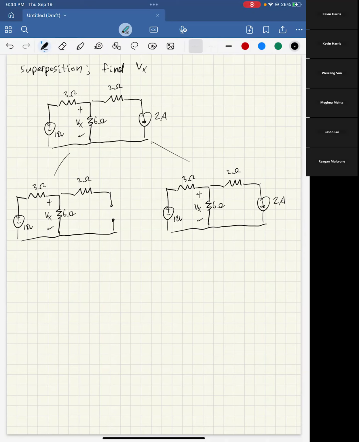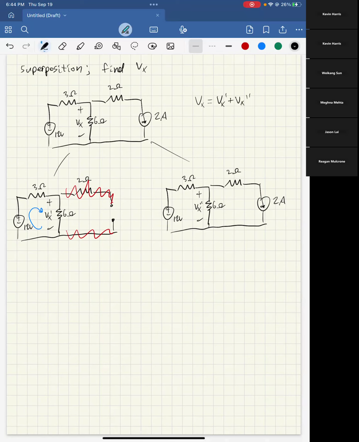So when I look at this, what I see is that since this is an open circuit, this whole part of the circuit does not matter anymore, because the only loop that we're going to be looking at is this one here. And this one is pretty easy to find, Vx prime. This one can be Vx prime prime. And remember, Vx equals Vx prime plus Vx prime prime.